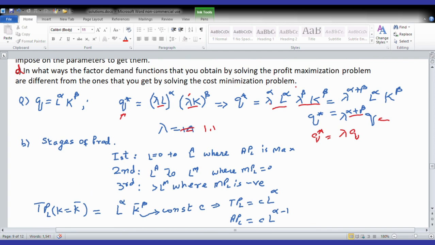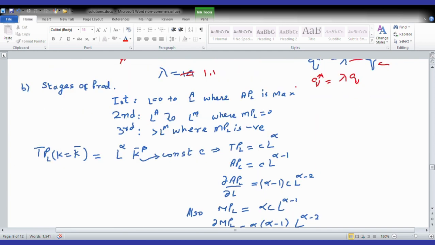And from class we know that the first stage of production is the employment of labor from 0 to LA, where LA is the employment of labor at which the average product of labor is at its maximum.